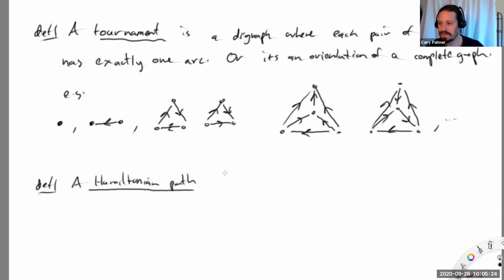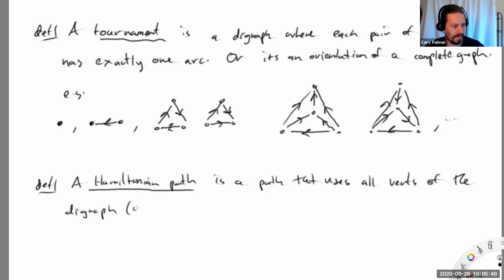A Hamiltonian path is simply a spanning path. It's a path that uses all vertices of the digraph.